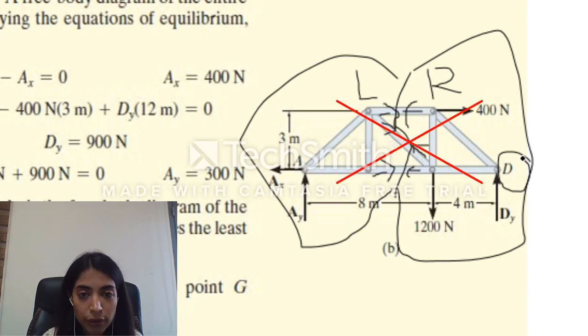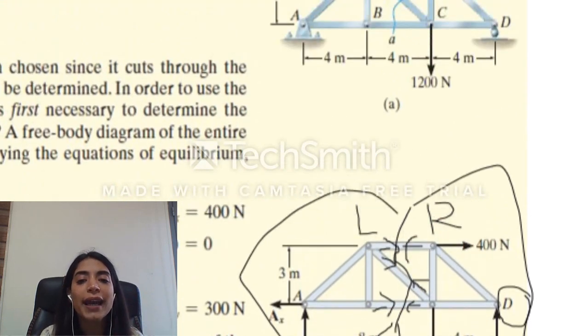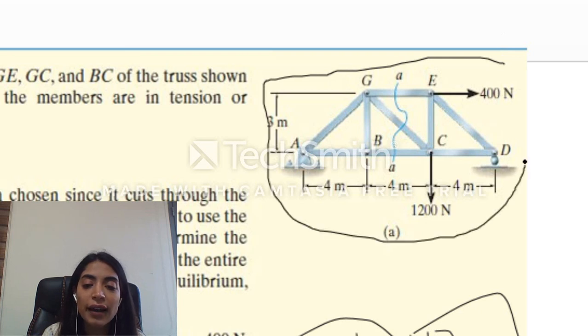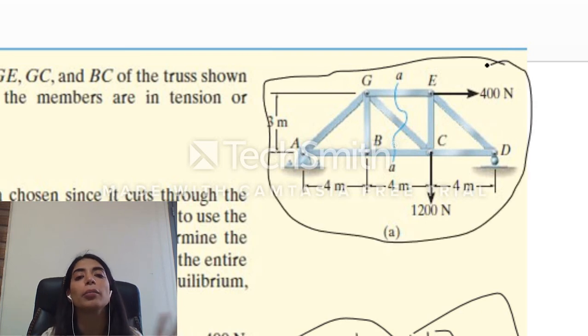What should I do? First of all, before doing any cut, I should take this whole truss as my free body diagram. In this case, there are no internal forces because I'm taking the whole truss as my free body diagram.